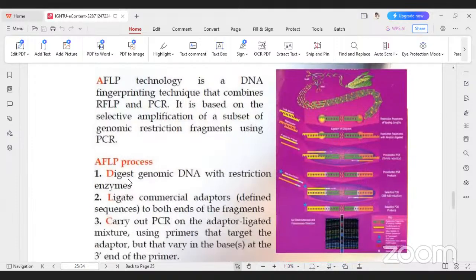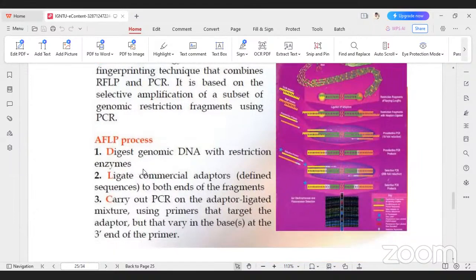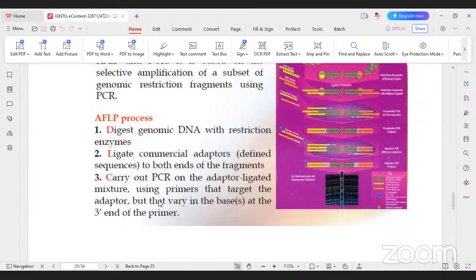So let's see the AFLP process. First step, digest the genomic DNA with a restriction enzyme. Next, ligate adapters of defined sequence. After cleavage and separation, the DNA is again ligated with the help of adapters.